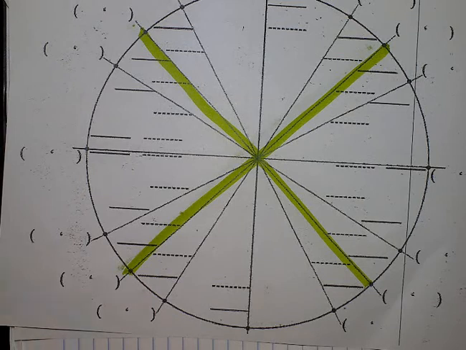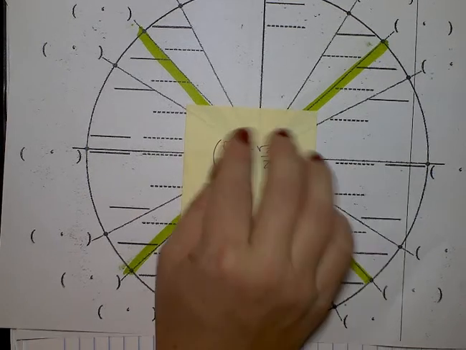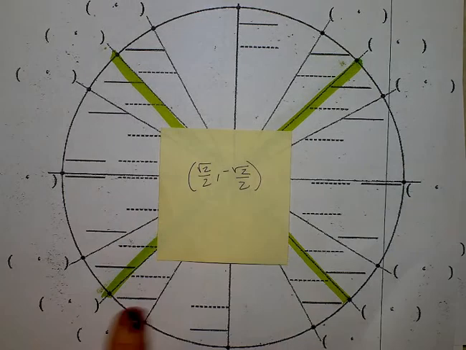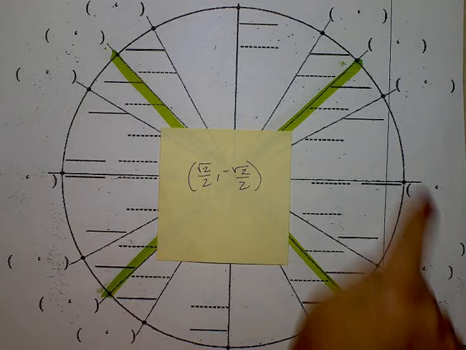Okay, here's your next one. Don't write this down. I want to know when you find this position on the unit circle, and you're only considering going around one time around the circle, one revolution.